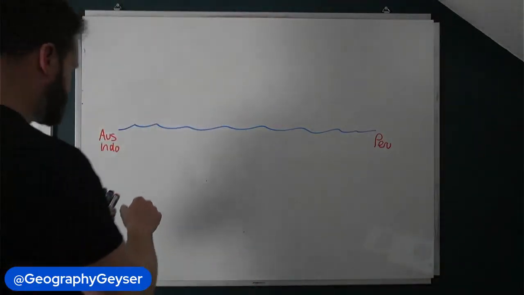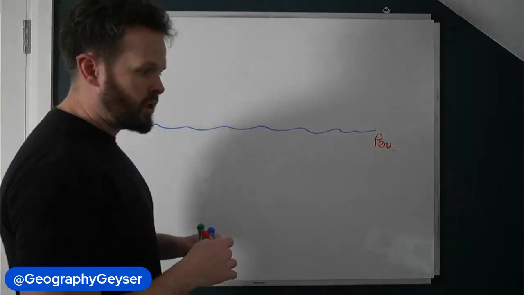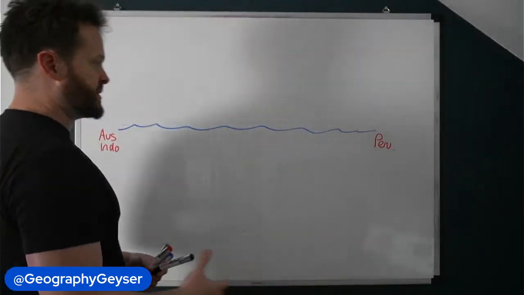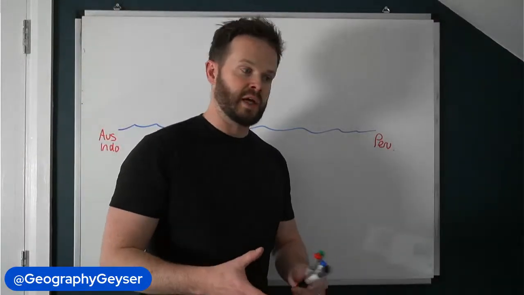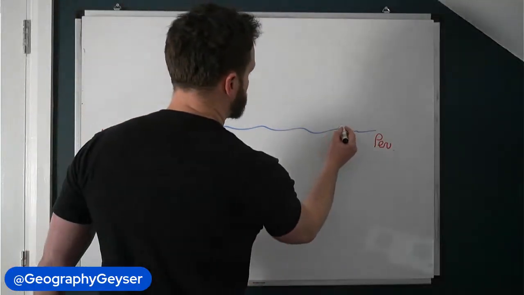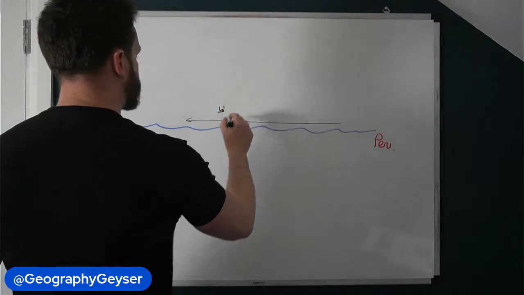Yeah. So Australia, Indonesia. Now, what you have to know about here is that there are these things called trade winds. So what I'm going to go through first is a normal year. During a normal year, the trade winds will move westward.